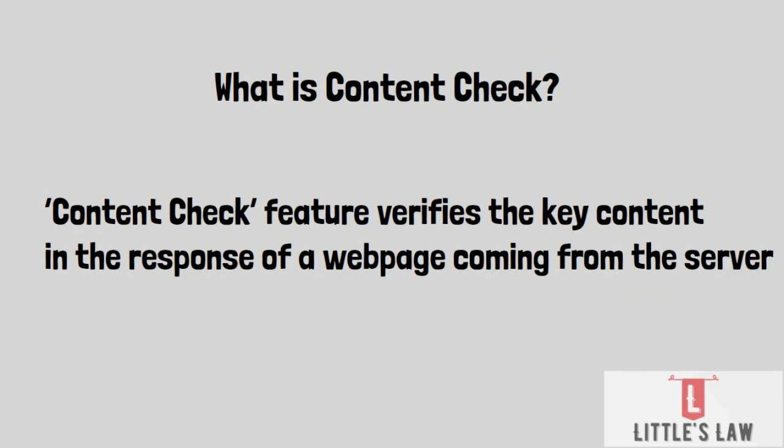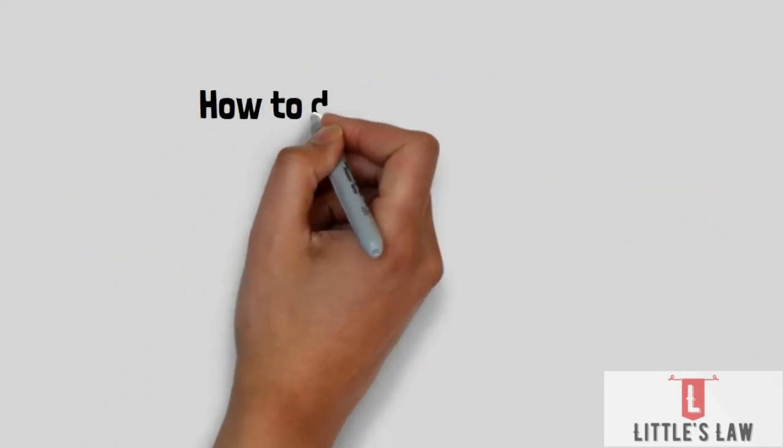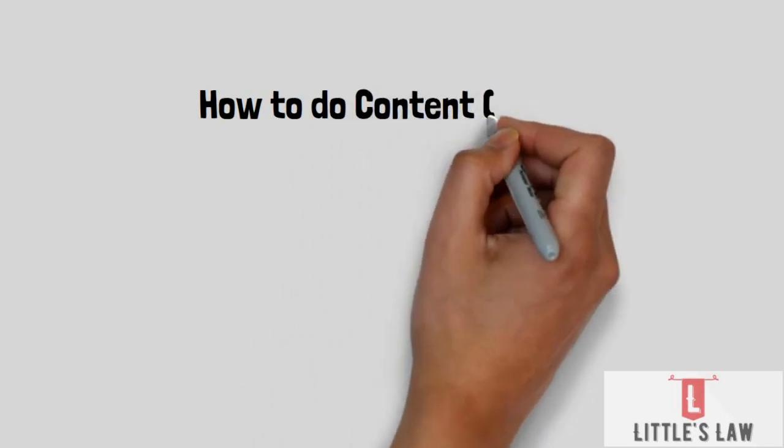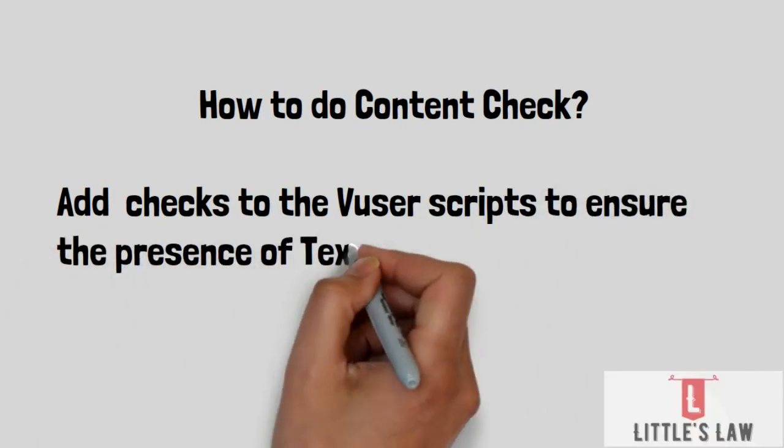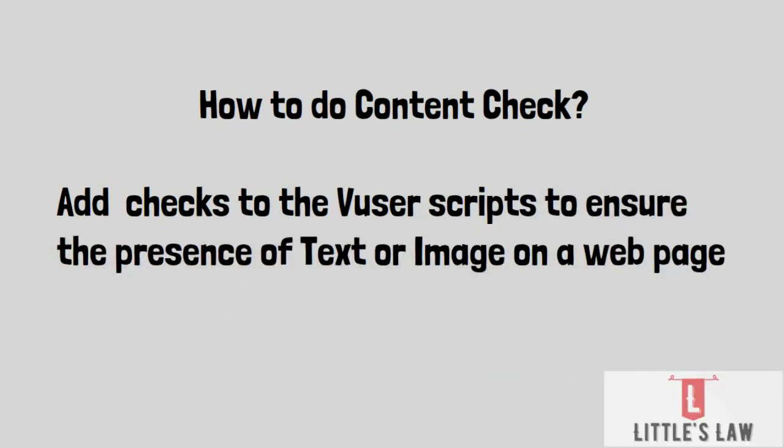So this content check feature verifies the content in the response of the web page that is coming from the server. We can add these checks to the scripts to ensure the presence of a specific object, for example a text or an image, in the web page response.